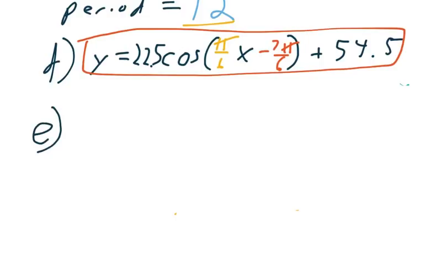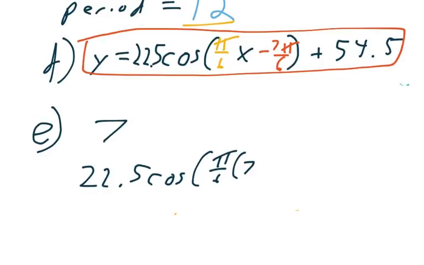Alright, so now for letter E. According to my model, what is the average temperature for July? So July is month number 7. So we're going to do 22.5. Remember that your calculator should be in radians.